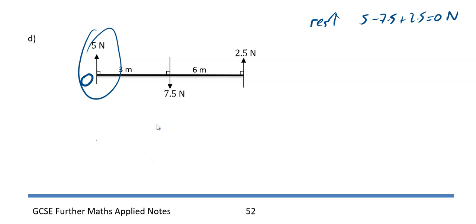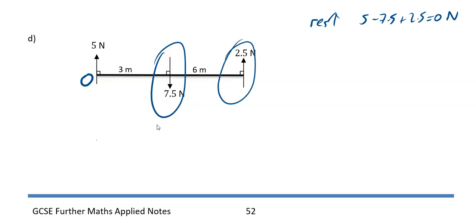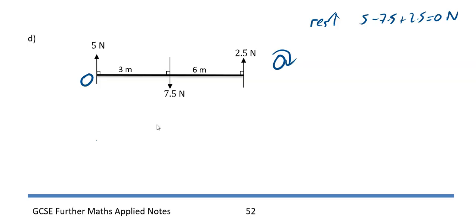So here our force is acting through a pivot, so it has no turning effect. So the only two things we have to consider are 7.5 and then this 2.5, but notice they're going in opposite directions. So I'm going to take clockwise moments. So clockwise, I'm going to have this 7.5 and its perpendicular distance is 3.